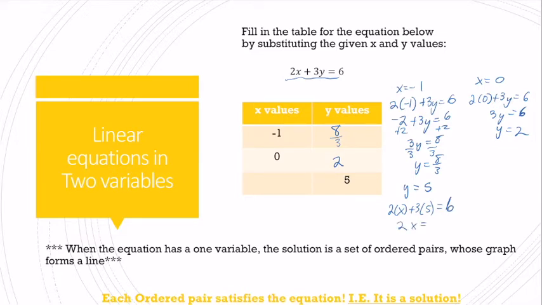That means 2x plus 15 equals 6. I subtract 15 from both sides. 2x equals negative 9, so I get x equals negative 9 halves. So now I've filled in our table, okay? I want us to think for a moment about a point on the coordinate plane.